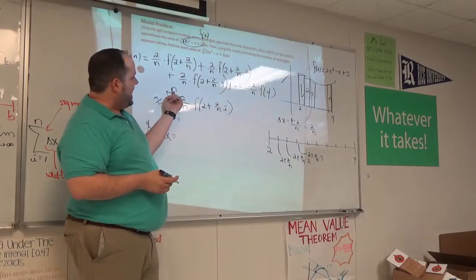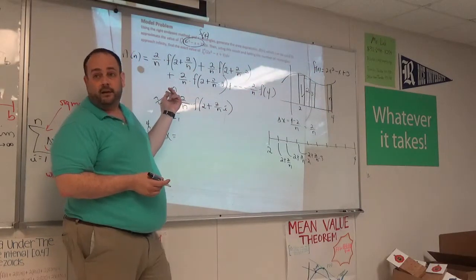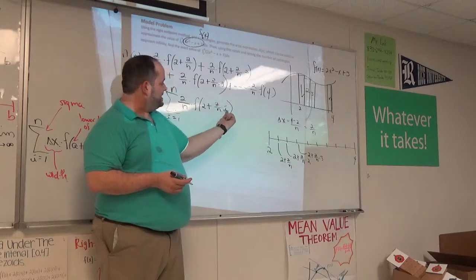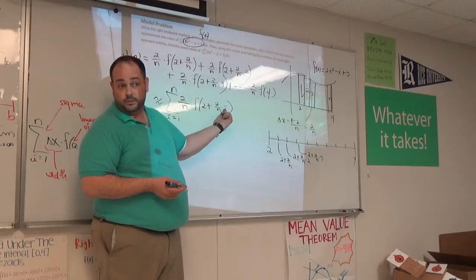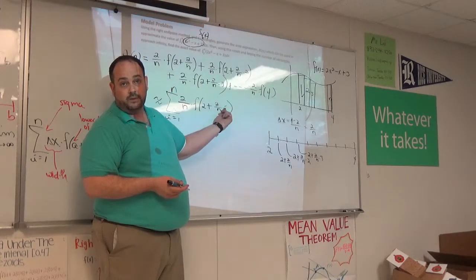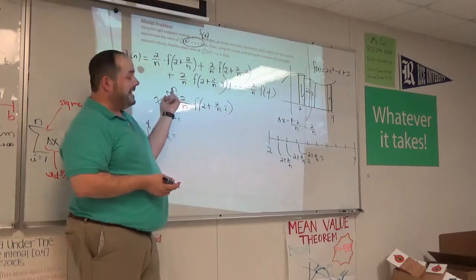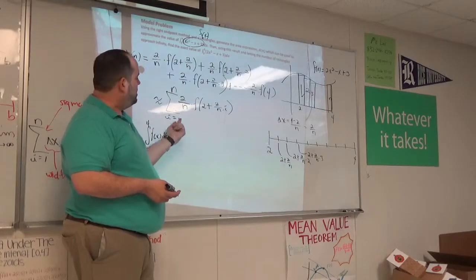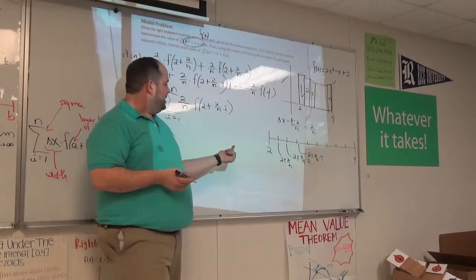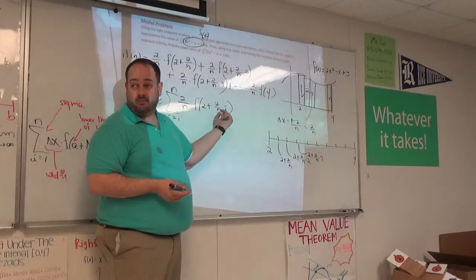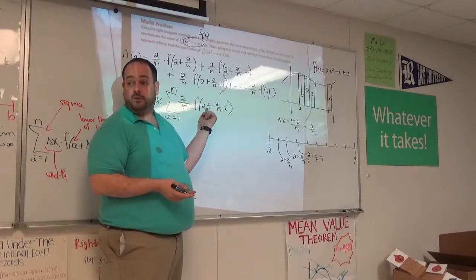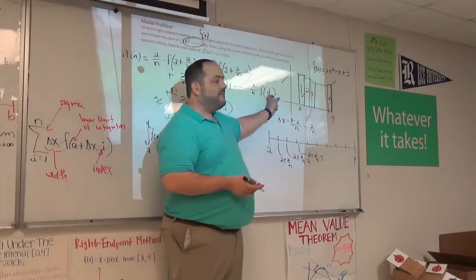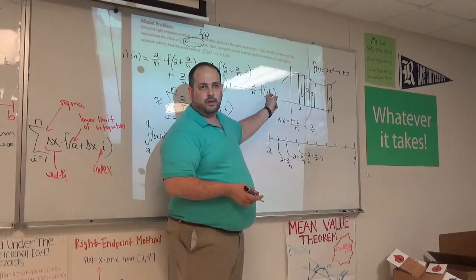If i is equal to n, if I'm at that last rectangle, I'm going to have 2 over n times n, which is 4. At the last rectangle, that's what this index means, right? I'm starting at 1, the first, all the way to the last one, which is n. 2 over n times n is 2. 2 plus 2 is 4. It's f of 4, just like it's supposed to be.